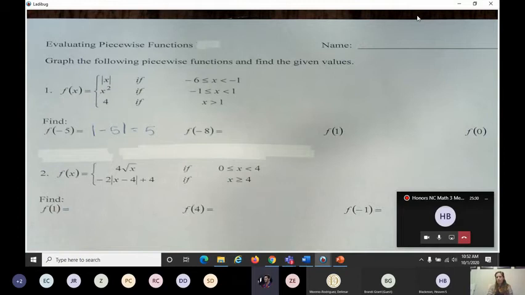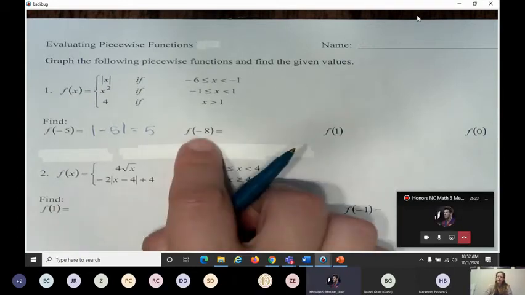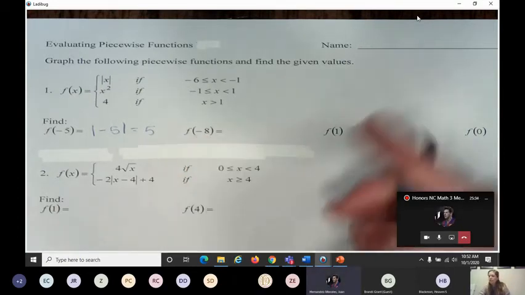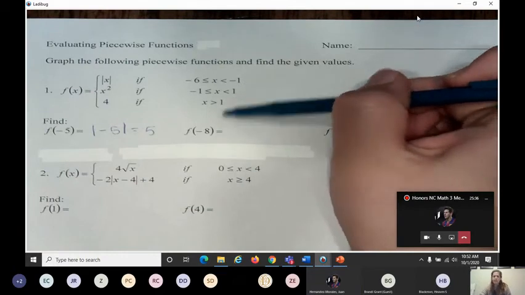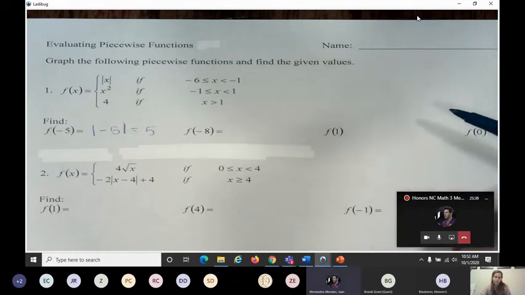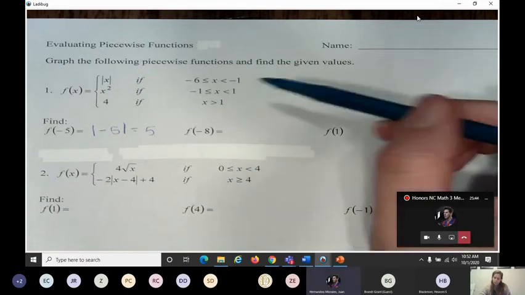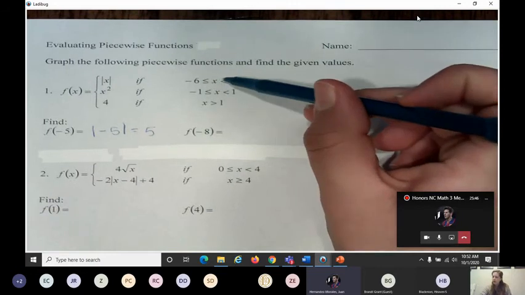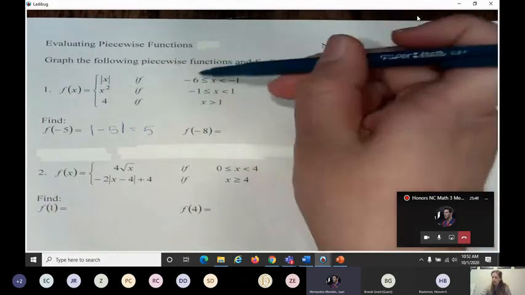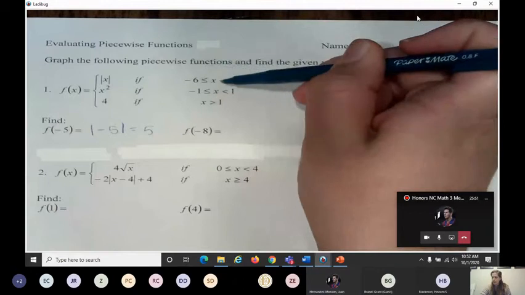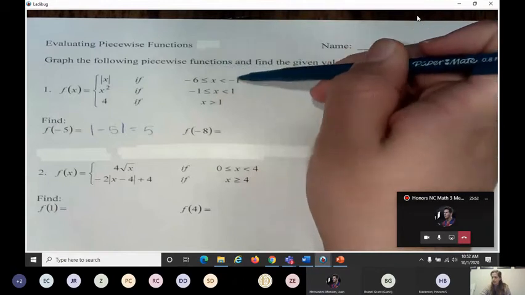Yeah, hello. Okay, so -8. Is there a domain here that -8 fits inside of? -6 greater than or equal to? So this is saying -6 is less than or equal to x, which is less than -1.